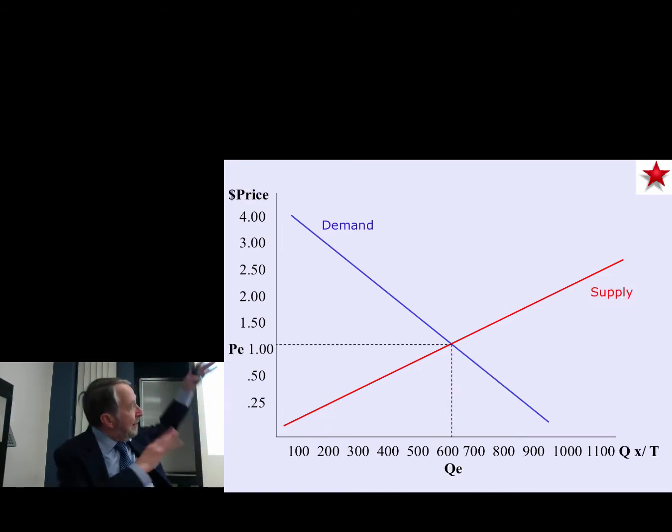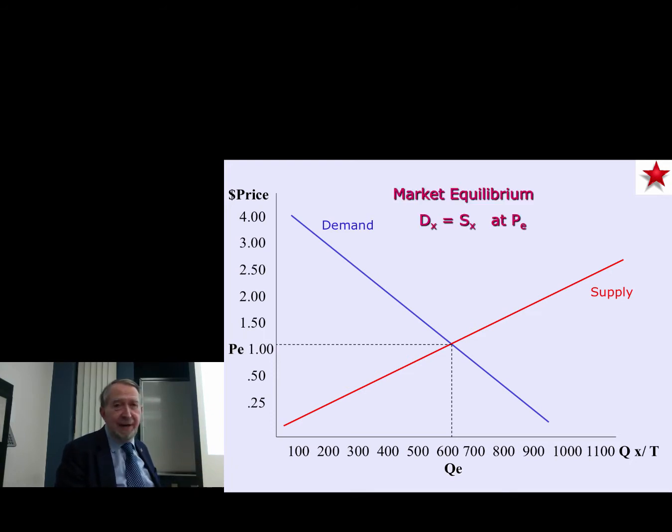As we've seen, any price above, unsatisfied sellers' surplus tends to cause the price to come down. Any price below, there's a shortage, unsatisfied buyers competing will tend to drive the price up. Until you reach that one unique price at which the rate of production is just matching the rate of consumption, meaning the quantity demanded just matches the rate of production, quantity supplied, at 600 per unit.